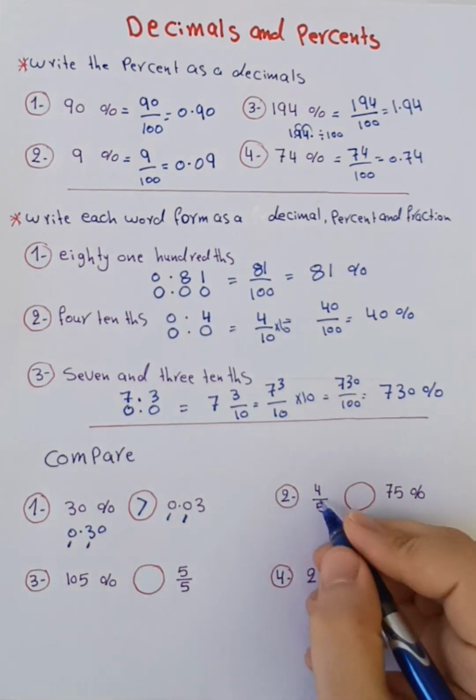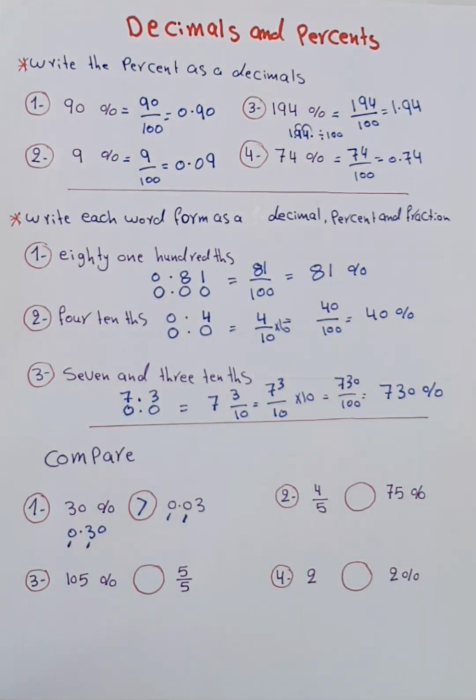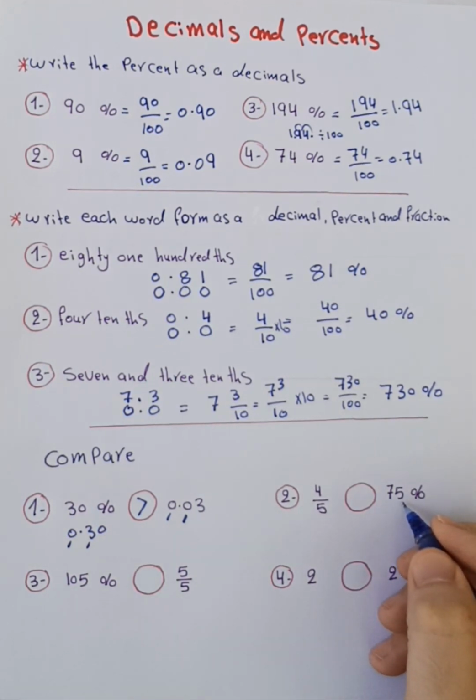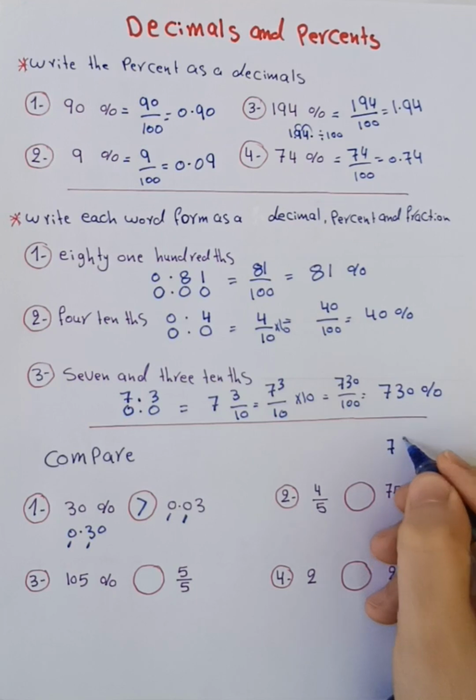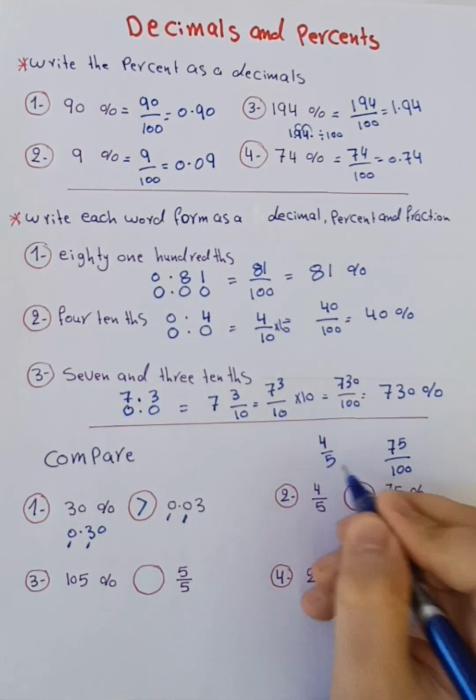Example number 2, we have 4 out of 5 and 75%. We can change this percent to a fraction, 75 out of 100, and then we have 3 out of 4.